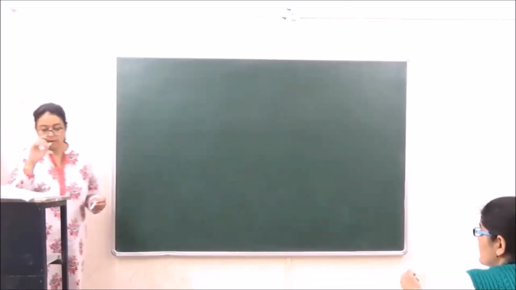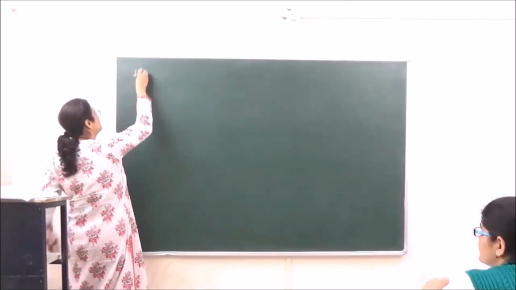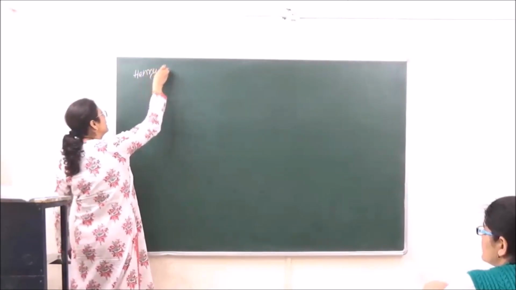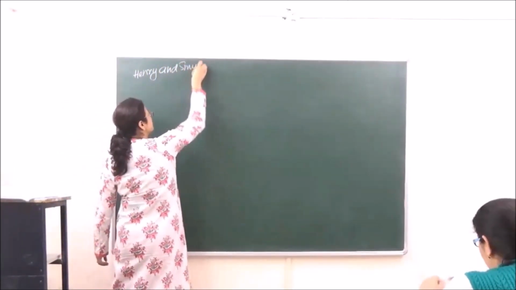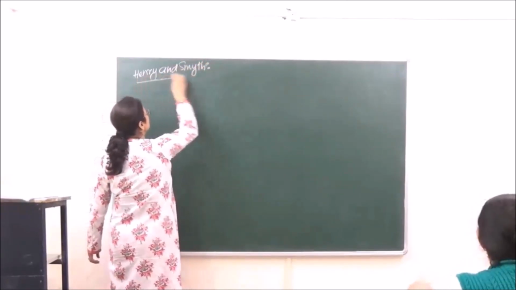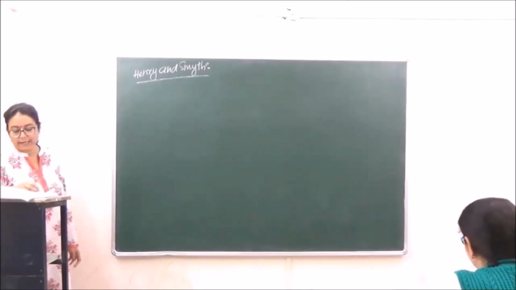Percentage of ionic character. There was a scientist by the name of Henry and Smith. They gave us a mathematical expression to calculate the percentage of ionic character.